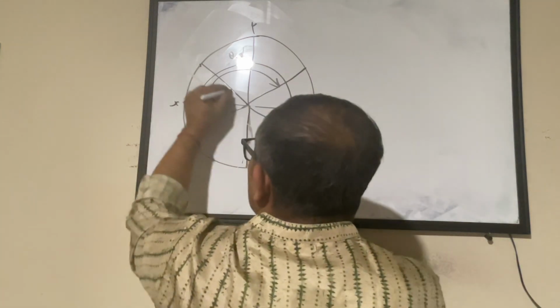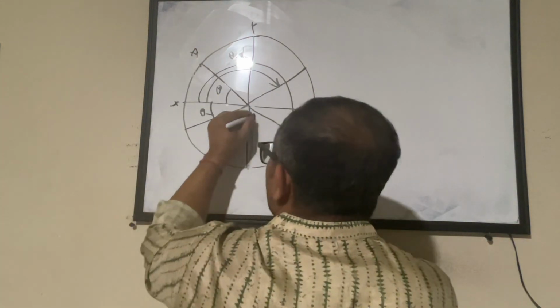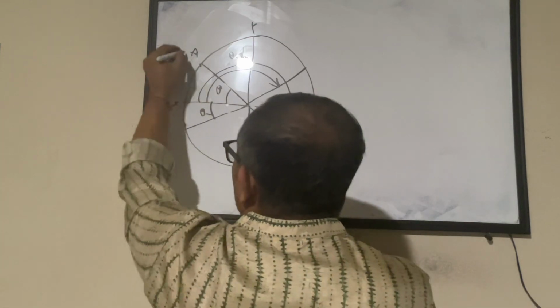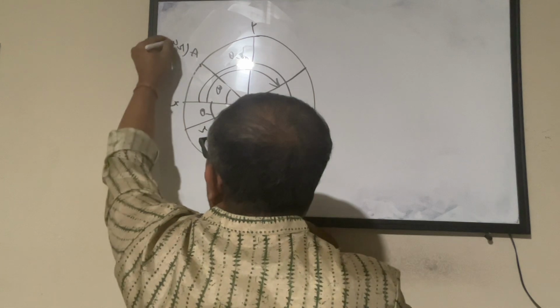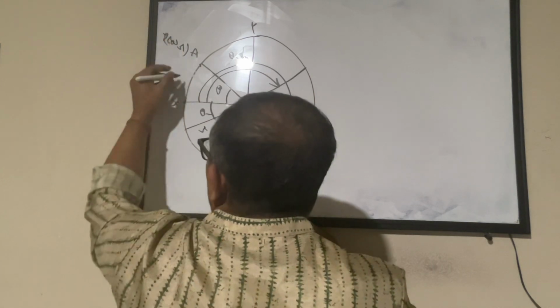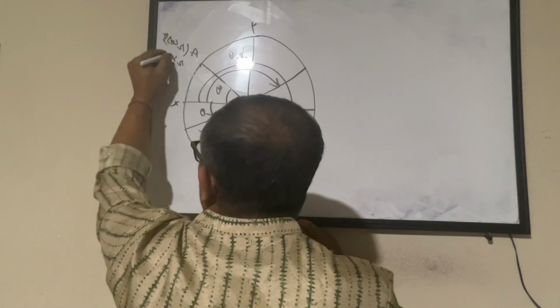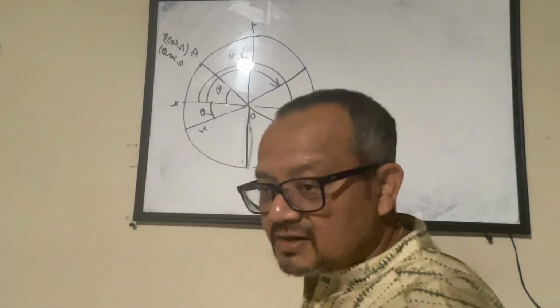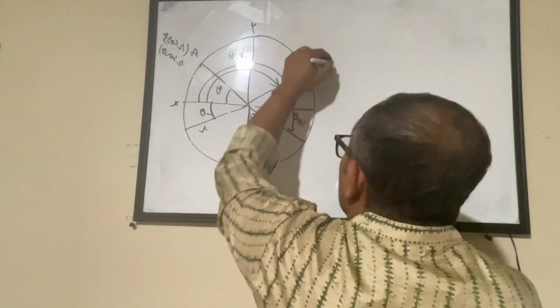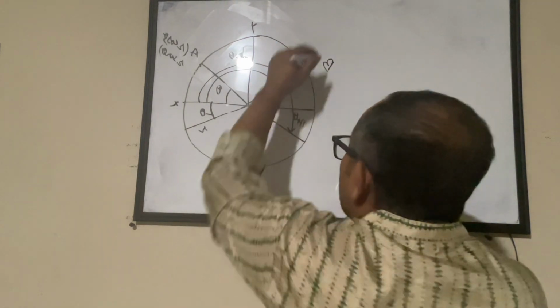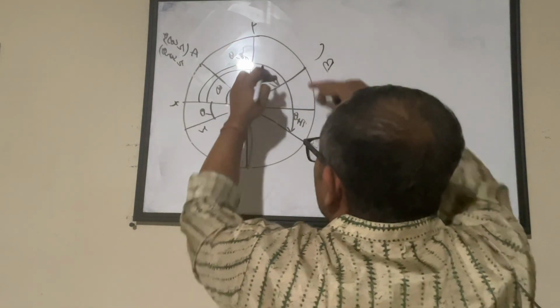So if this angle, let's say OA, is theta, what will be the coordinate of this point? Let's say the radius is r. So r cos theta, and what will be the y coordinate? r sin theta. Correct? What is the coordinate of this point? Let's say this is B. Again, this angle from here to here is how much?